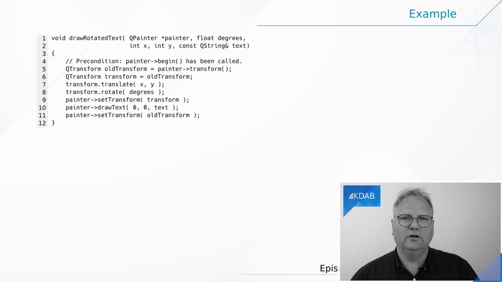After all, painting code can be in a hot spot. If you, for example, resize the window, then a lot of painting will go on, and then you might get a few extra repaints per second by using transform versus just doing the transformation straight onto the painter and using save and restore.